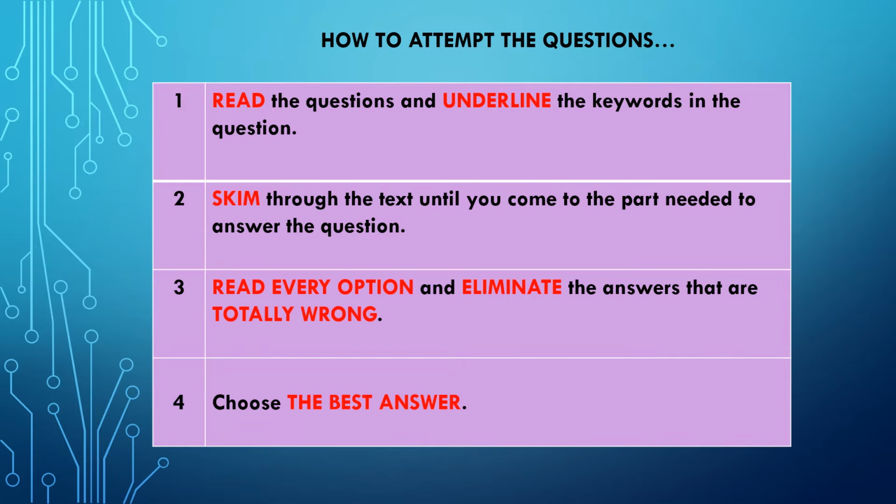So by eliminating the wrong answers, it can help you to actually find the answers, right? And number 4, of course, when you have eliminated the wrong options, that leaves you with the best answer, or actually it helps you to find the best answer.